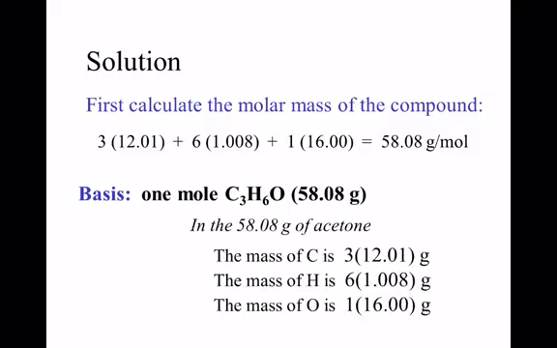The grams of carbon in 1 mole of acetone would be 3 times the decimal number for carbon, 12.01 grams. The mass of hydrogen would be the number of hydrogen atoms, 6, times the mass of 1 mole of hydrogen atoms, which is 1.008 grams per mole.